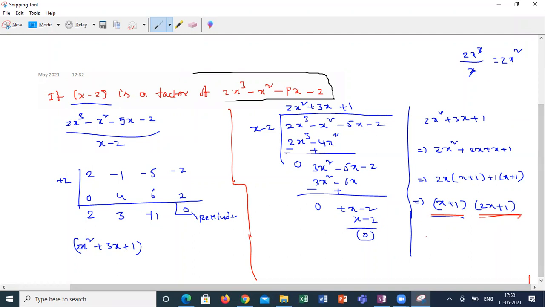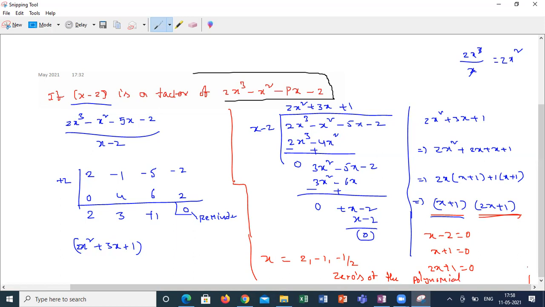Okay. So if the question might be extended sometimes, what are the zeros of this polynomial? The zeros of the polynomial: x minus 2 is equal to 0, x plus 1 is equal to 0, 2x plus 1 is equal to 0. So x is equal to 2 comma minus 1 comma minus 1 by 2. These are the zeros of the polynomial. Got it?